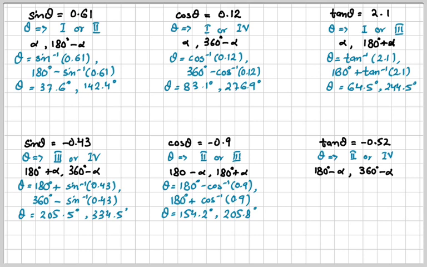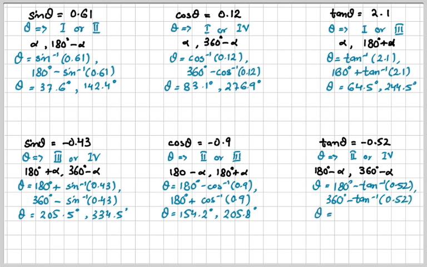Now I will be using the calculator. So it becomes 180 minus tan inverse of 0.52 and the next one should be 360 degrees minus tan inverse of 0.52.